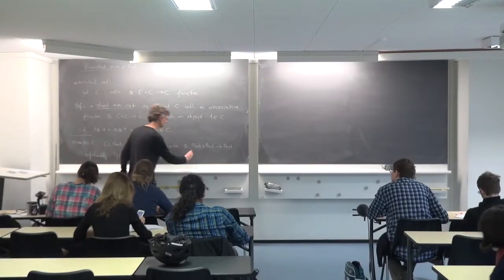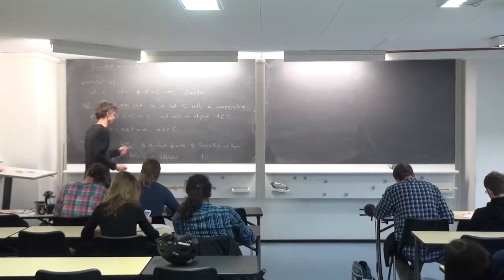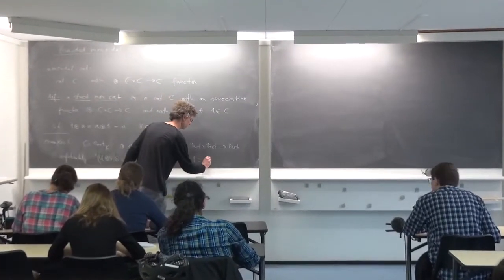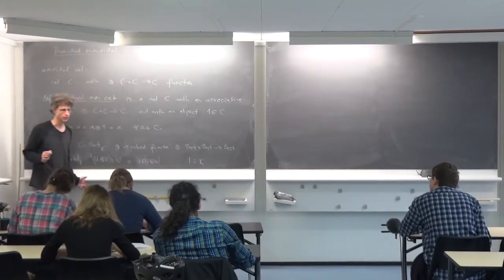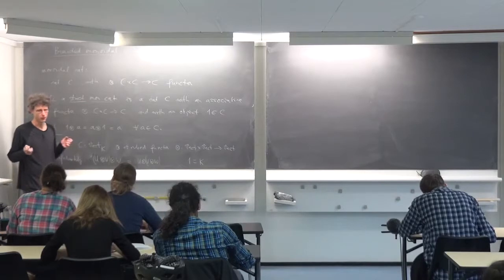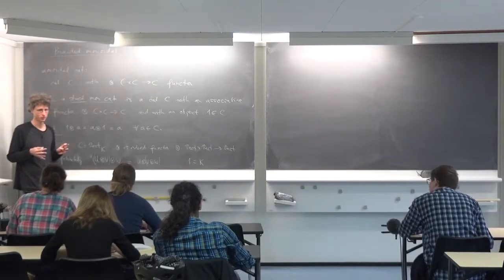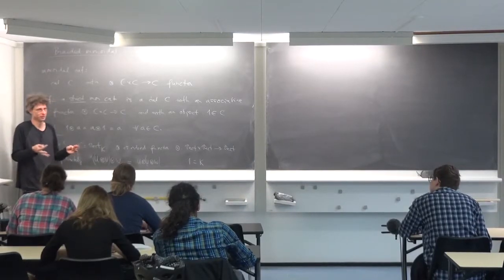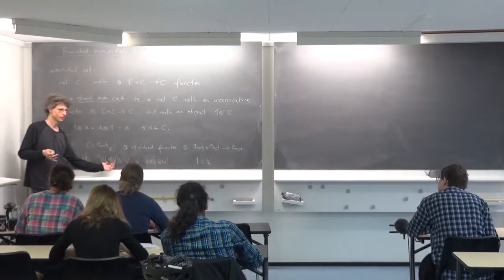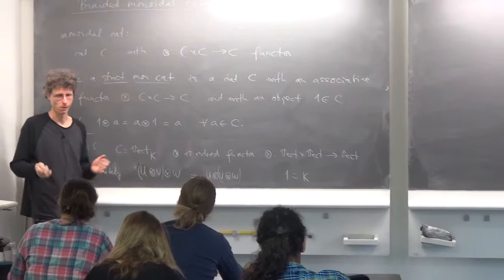Also, the unit object would be, say, for vector spaces over some field K, the field itself. But still, it's not really true that K tensor V is equal to V. It's certainly canonically isomorphic, but the construction is not that, because the construction is like all those pairs modulo some relation, so it's just some strange set.